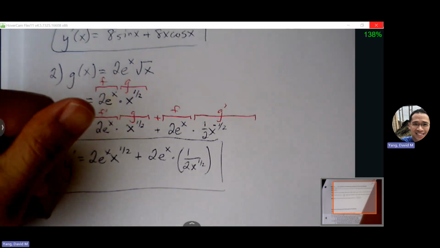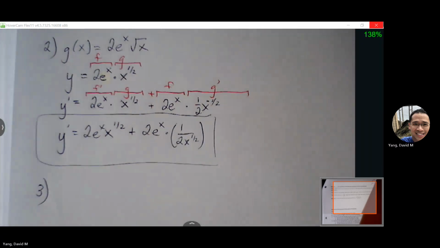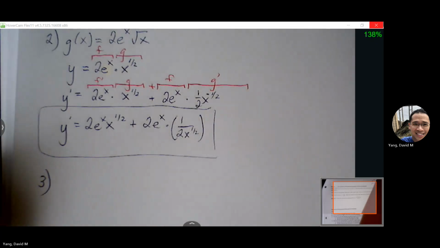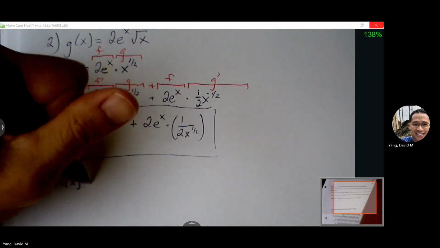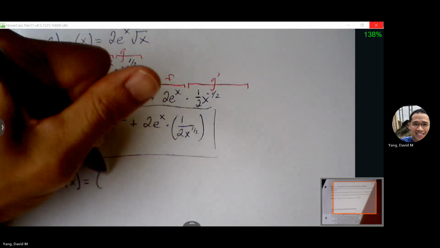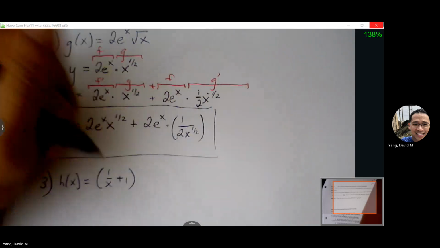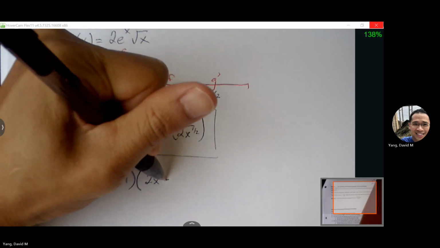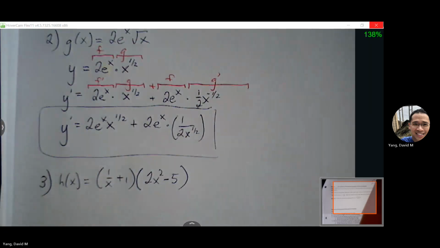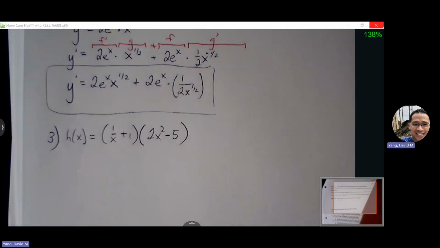Okay, number 3. I could fold everything out and just rely on power rule, but we're just going to get practice with product rule.